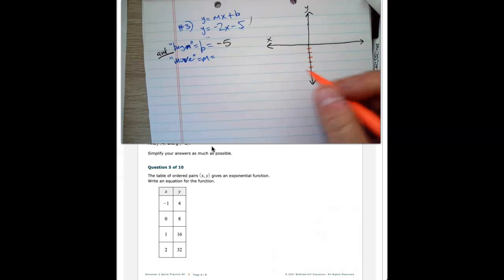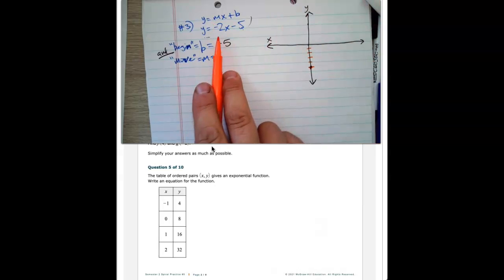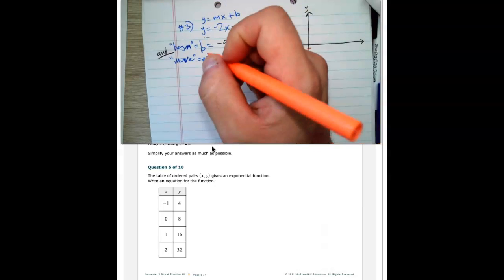I don't have graph paper here, so I'm just trying to space it out as evenly as possible, so go down 5. Now, m. Notice how m is negative 2, but if m's not a fraction, make it a fraction by putting it over 1.